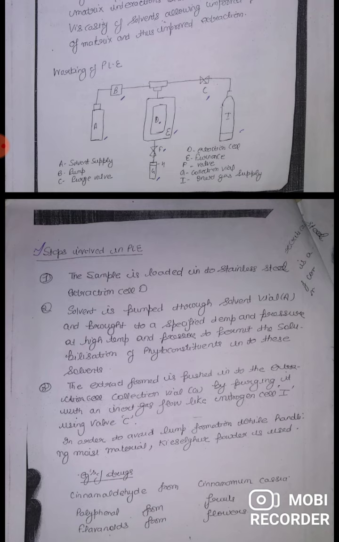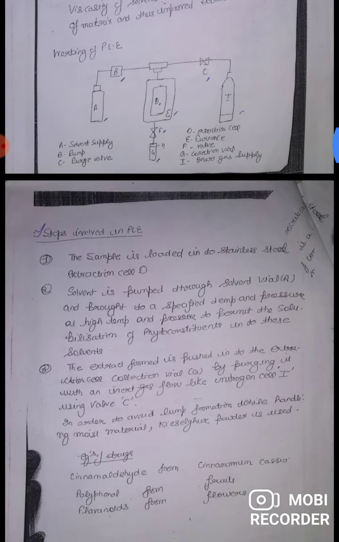After that, the extract formed is pushed into the collection vial by purging with an inert gas flow like argon and nitrogen from I using valve C. In order to avoid any lump formation while handling moist material, we can use Kieselguhr.